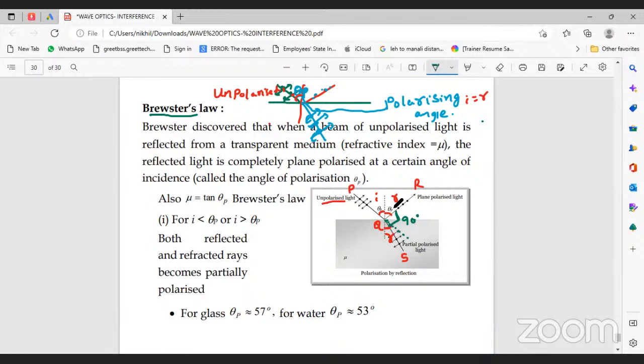Now you can conclude theta p plus 90 plus r equals how much?